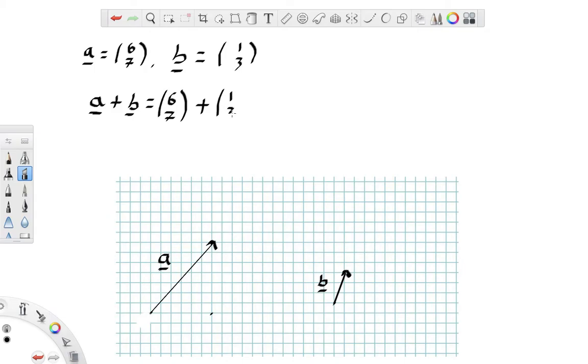So again, we'll just write that down. And then what we do is we add the horizontal components together, and we add the vertical components together. So basically we add the top numbers and we add the bottom numbers. So in this case, 6 plus 1, well that's 7, and then 7 plus 3, well that's 10. So we get the vector 7, 10, like that.